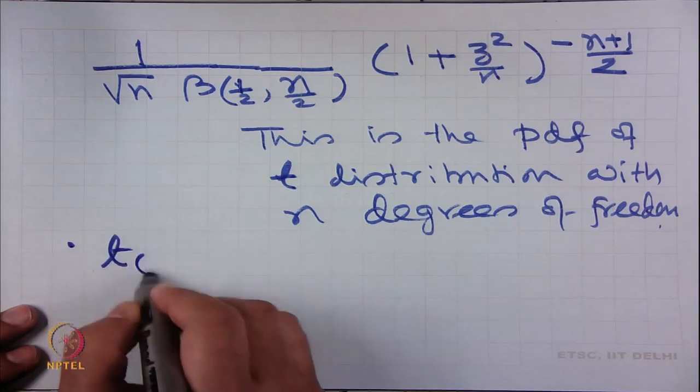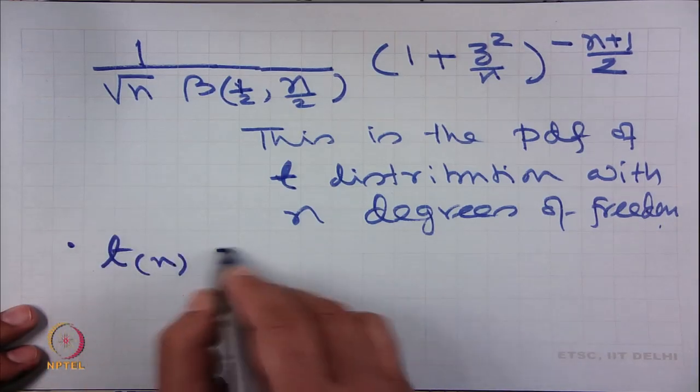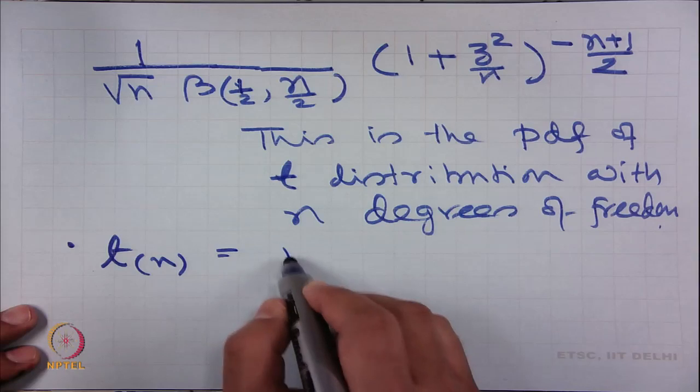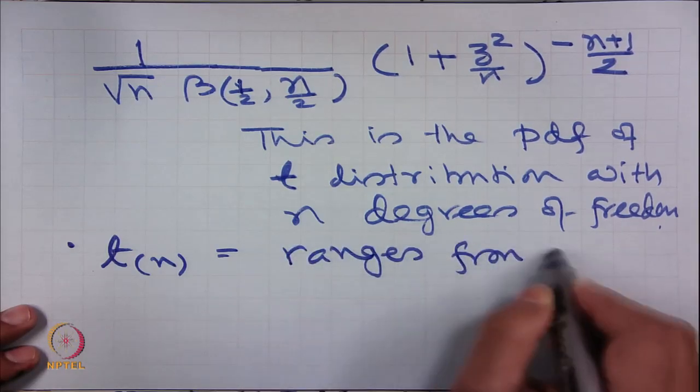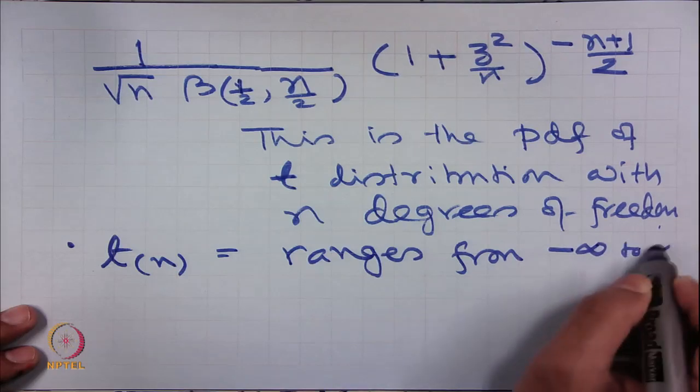Properties: T n, or T with n degrees of freedom, ranges from minus infinity to infinity.